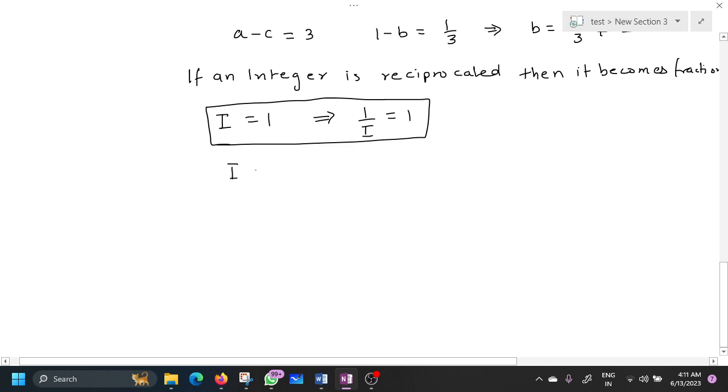So for I to be an integer greater than or less than 1, and I is not equal to 1, we don't get any such solution in which I1 and I2 both belong to Z, when I1 is reciprocal of I2. So in third case we won't get any answer.